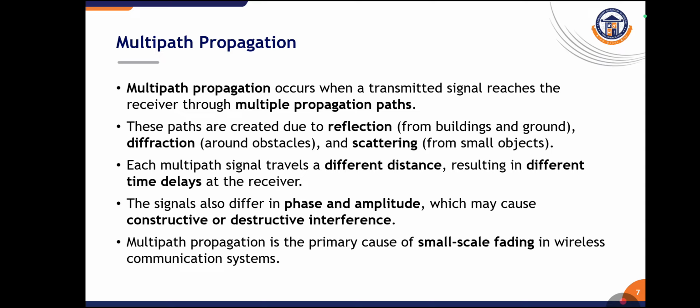Each multipath signal travels a different distance, resulting in different time delays at the receiver. The signals also differ in phase and amplitude, which may cause constructive or destructive interference. Multipath propagation is the primary cause of small scale fading in wireless communication systems.